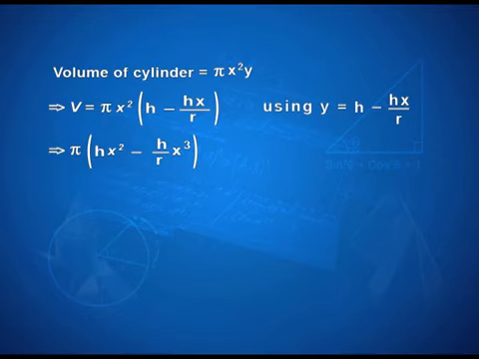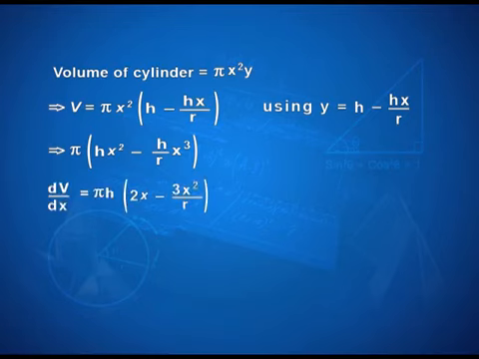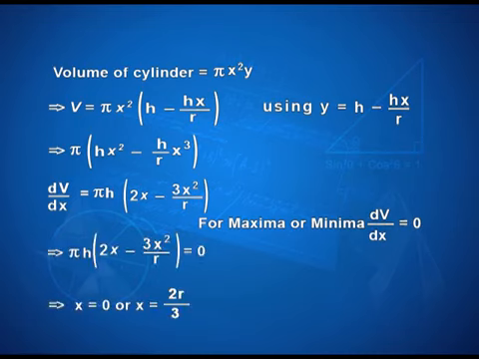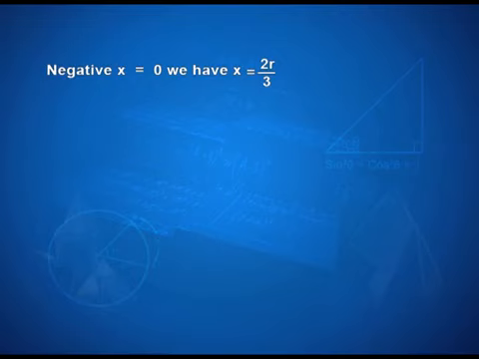This is a function which we need to now maximize. So, now the procedure is mechanical. Find the derivative, put it equal to 0 for maxima or minima. In this case, we get two values of x, 0 and 2r by 3. We reject 0. Why? If x is 0, that means there will be no cylinder. So, we focus only on x equal to 2r by 3.